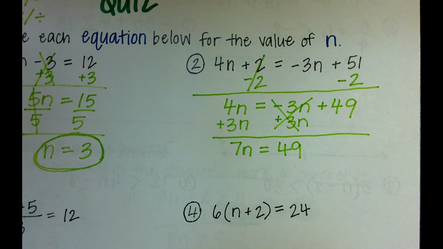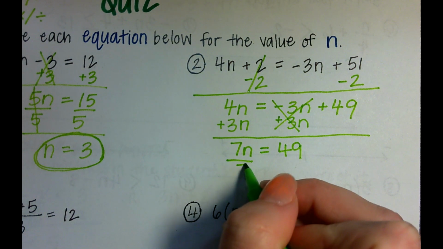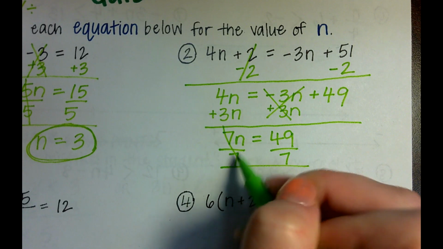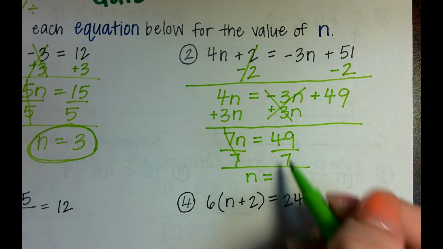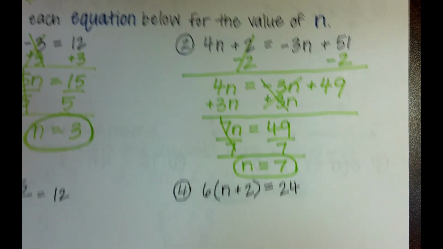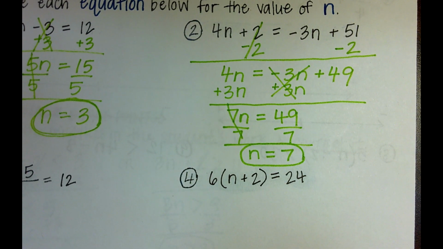Perfect. Divide by 7. N equals 7. That is our answer. Awesome. Okay, do we have any questions about number 2?